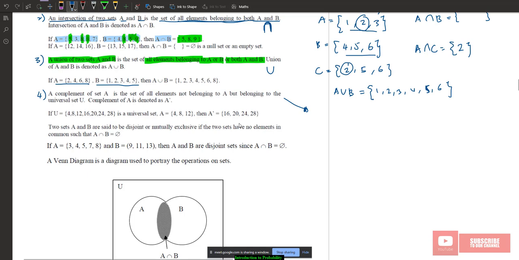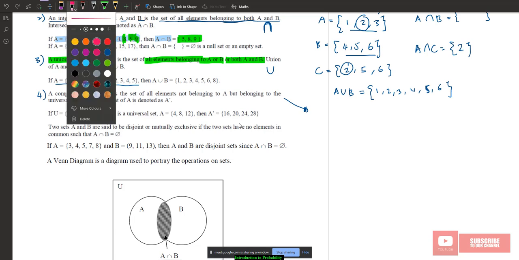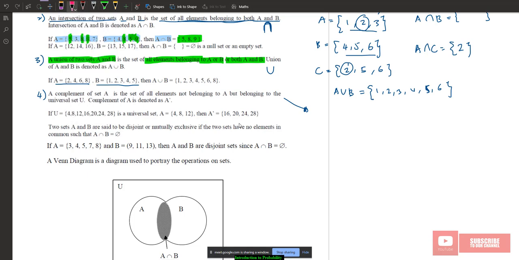Now, a complement set. The symbol of complement is A complement, A prime, or we can use A^C.